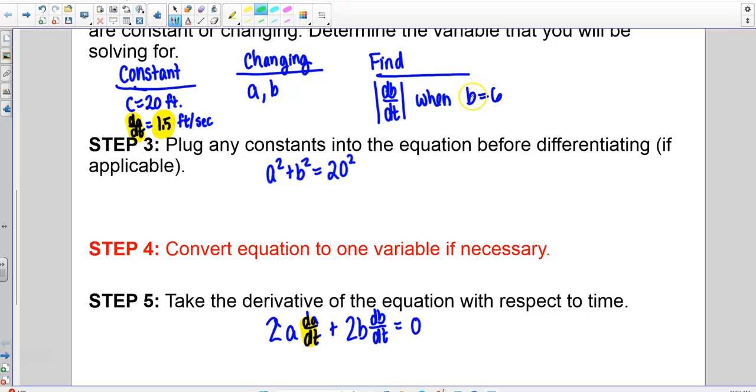I know b is 6 at the point that we're concerned with. I don't know dB dt, but that's what I'm trying to find, so it's okay that I don't know it. What's missing? What do I not know? A. So I've got to have A because I can't find dB dt unless everything else is a number, right? How could I find A?